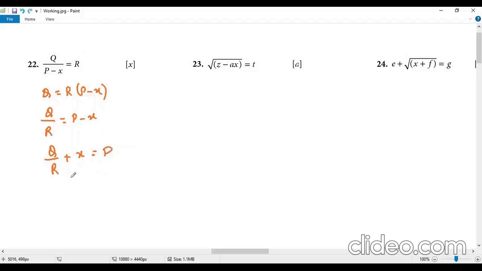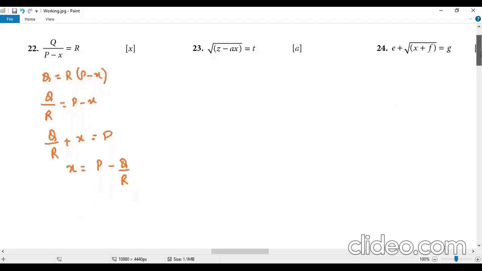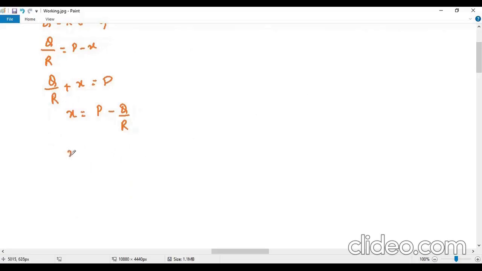Better p this way, and x will be equal to p minus q over r, or what we can do is take r, make this one 1. That means r is the LCM, p will be multiplied by r minus q is going to be a final answer.